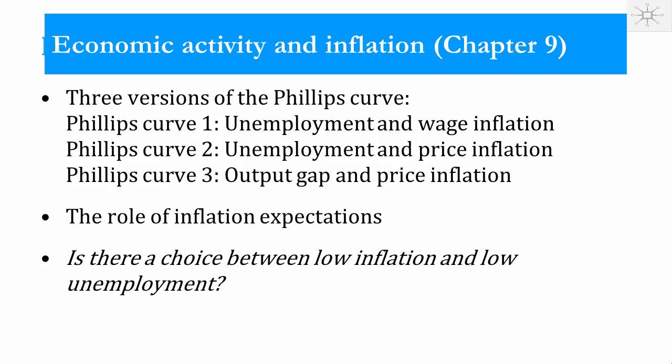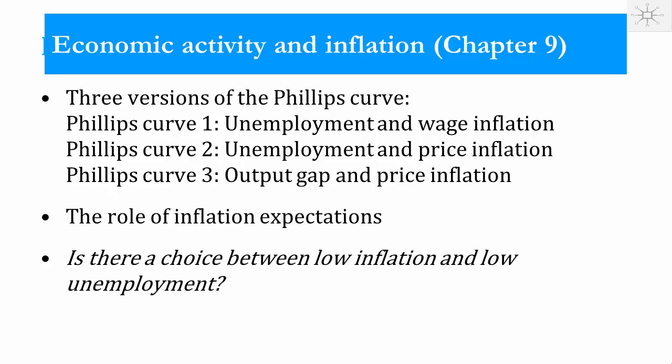We will start in the labor market with wage formation and look at the relation between unemployment and wage inflation, and we'll end up in the product market with a relation between the output gap and price inflation, where the output gap is the deviation of production from its natural level. In between, we'll also have a Phillips curve that relates unemployment and price inflation. So these are different measures of economic activity and different measures of inflation.